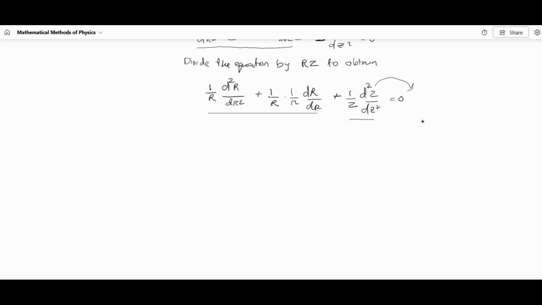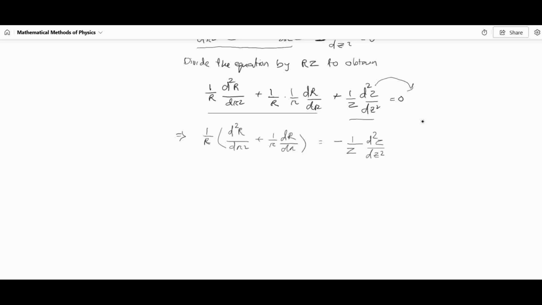Why? To separate the variables. So we will get 1 by r take common, d square r by dr square plus 1 by r dr by dr is equal to minus 1 by z d square z by dz square.